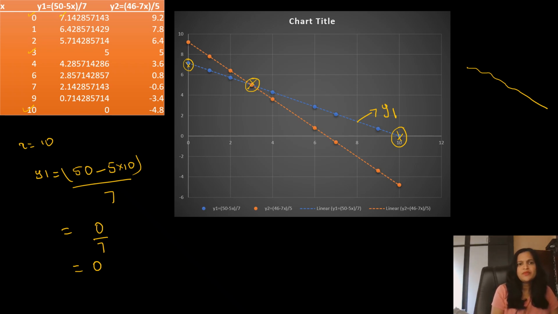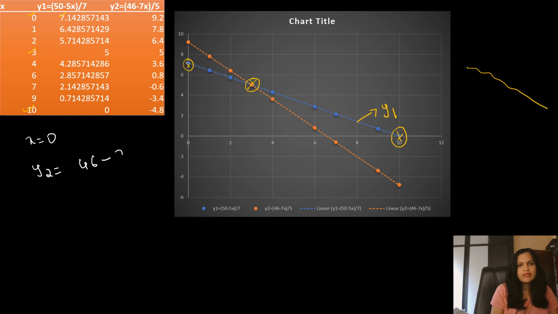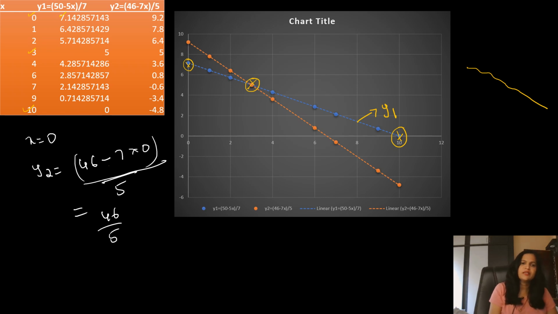Then find the same thing for y2. When x equal to 0, y2 equal to how much? (46 minus 7 into 0) whole divided by 5. 7 into 0 is 0, so it is 46 by 5. 46 minus 0 is 46. 5 nines are 45, 46 minus 45 is 1.